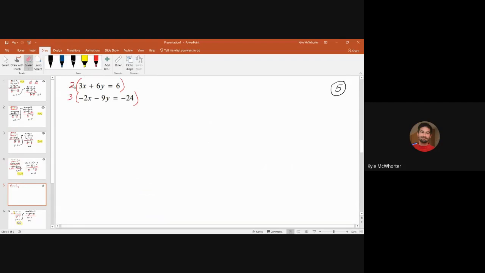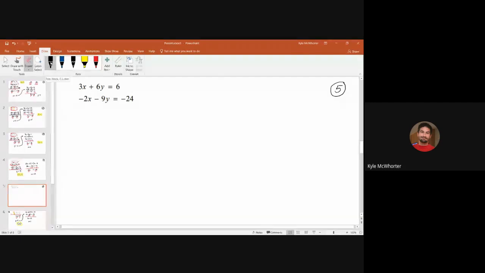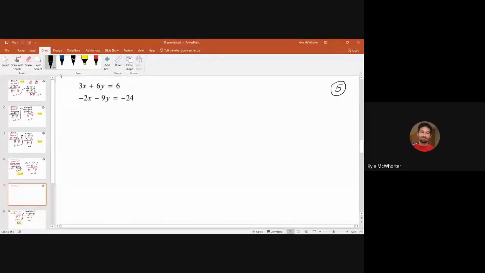But I noticed that the top equation can be simplified a little bit. If I take 3x plus 6y equals 6 and divide everything by 3, then I get x plus 2y equals 2.